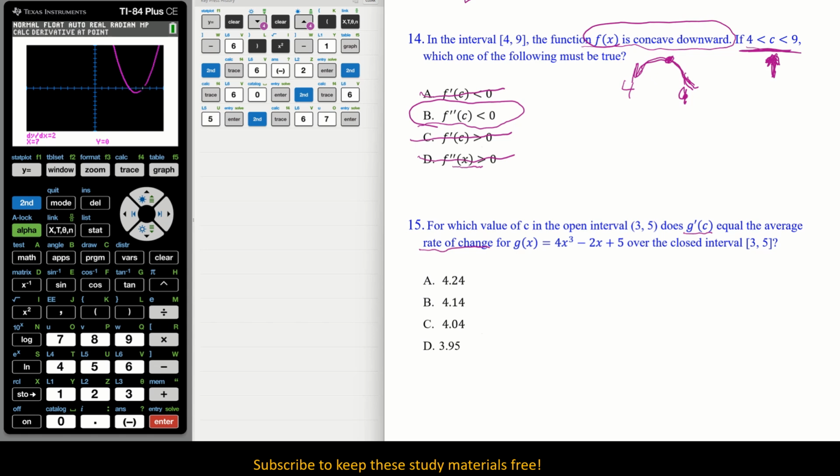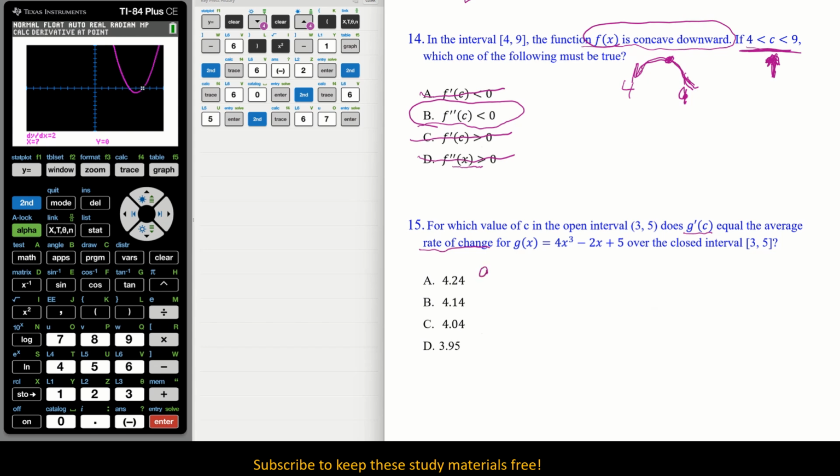Here's the thing. It says average rate of change, so that tells me we're going to get the slope using the equation, and from that slope, we will take the derivative and compare the values.